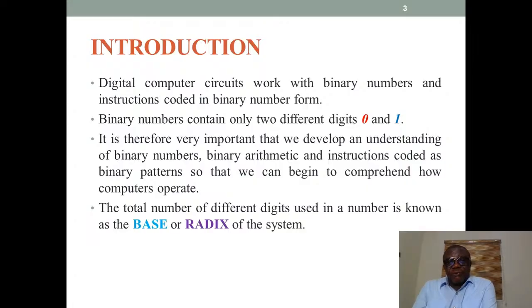When we talk of binary, which is base 2, we only have zeros and ones. When we talk of octal, base 8, we have from 0 to 7. When we talk of decimal, that is base 10, we have from 0 to 9.